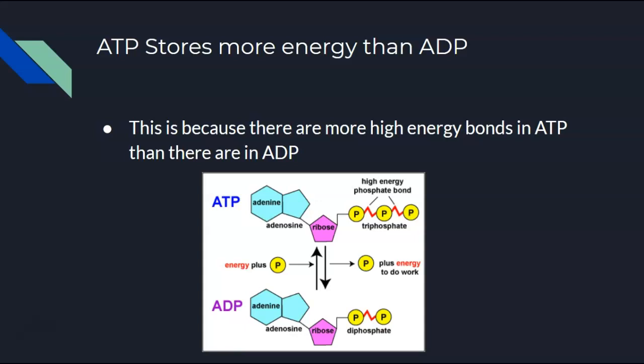Hopefully this is sort of like an obvious piece of information, because there are more bonds in ATP than there are in ADP. Therefore, ATP must have more energy because it has more bonds that store more energy. So because ATP has two bonds, it has more energy than ADP, which only has one bond. Which is why this whole entire set of notes is about ATP, because that's where most of our energy comes from.